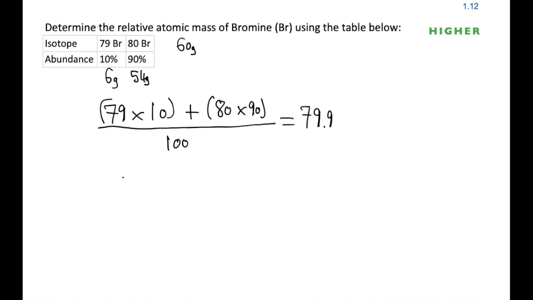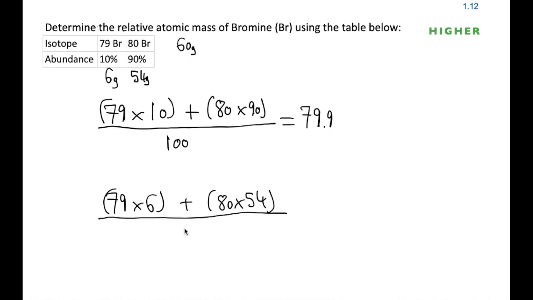If you write out this sum, you've got the mass number 79 times the abundance, and we do the same for the other isotope. But this time we're dividing by the total abundance, which is 60 grams, 54 plus 6. And provided you type this in correctly, we will get the same answer.